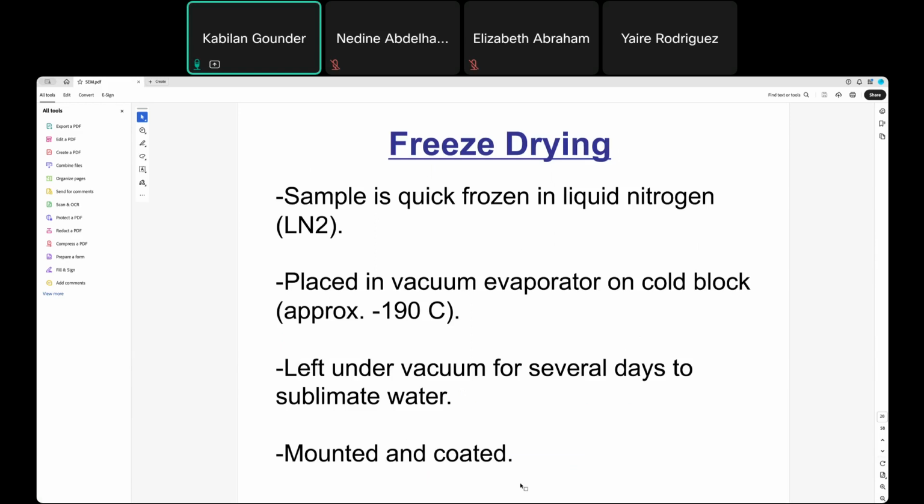Here, if you fix the sample with liquid nitrogen cryofixation, then after fixing, the sample is placed in a vacuum evaporator on a cold block, at approximately minus 190 degrees C. Then it is left under vacuum for several days to sublimate the water. Then it is ready for mounting, and then the samples are coated.